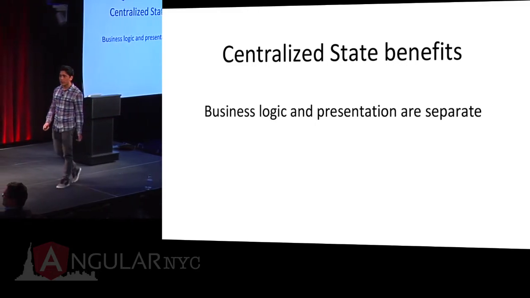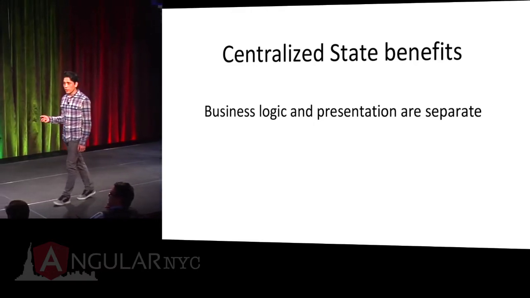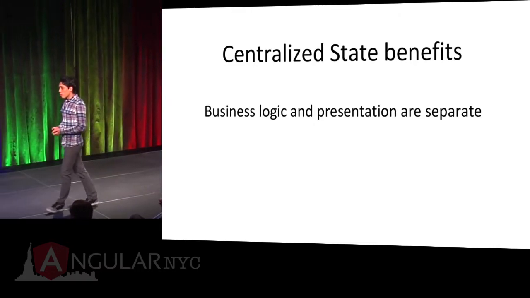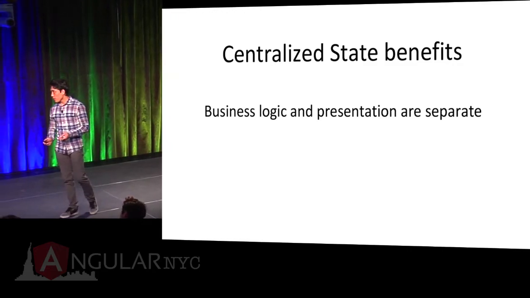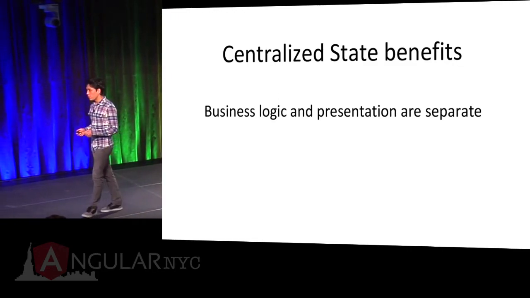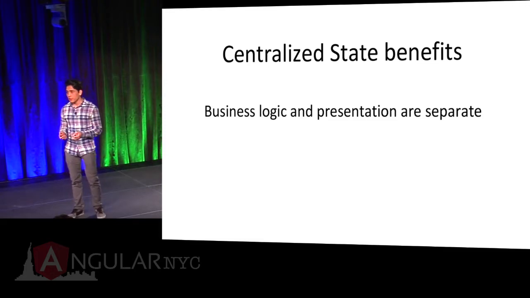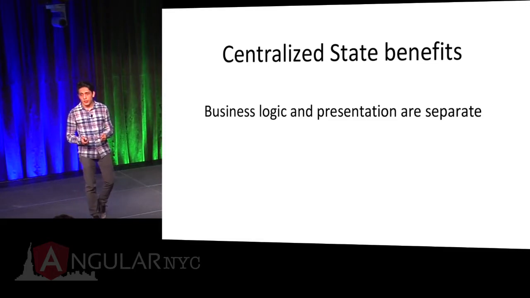If we have a centralized state, our business logic and presentation logic are separate, which makes it way easier to reason about your app, and it allows you to create alternative interfaces for the same business logic.